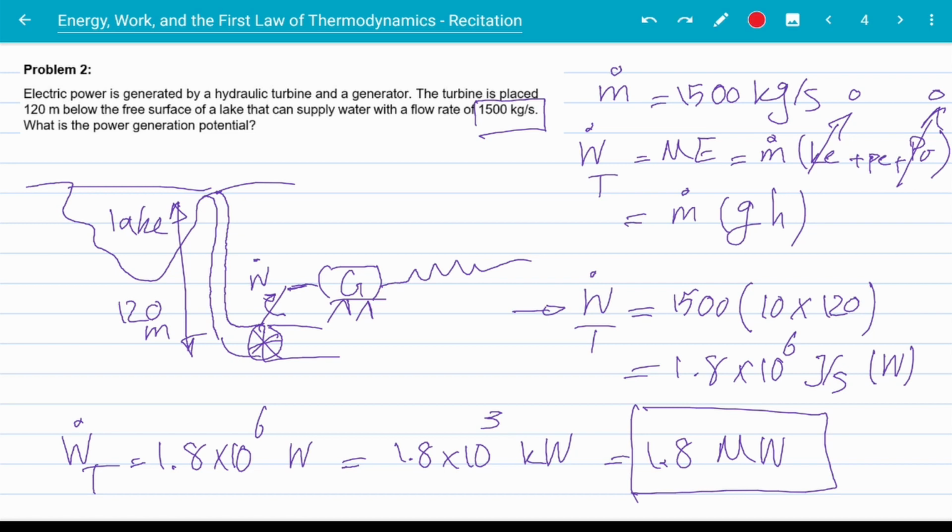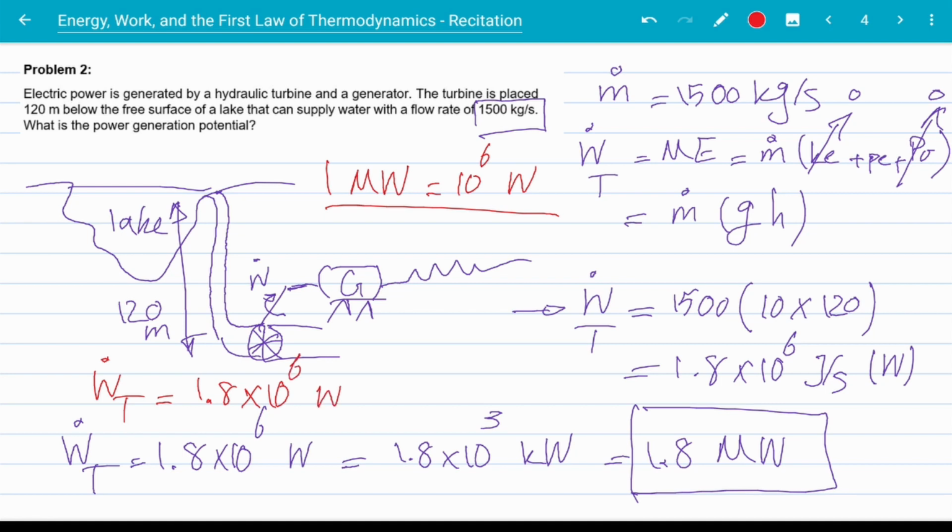That's it. Okay, I'm going to show you how to convert watts to megawatts. Now we know that 1 megawatt is actually 1 million watts, right? So this is the conversion rate. Now, I'm going to say, my power is 1.8 times 10 to the power of 6 watts.